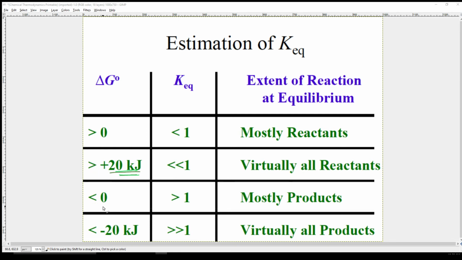If you have a delta G that's less than 0, then it's mostly products. But once it gets less than negative 20 kilojoules, then it's virtually entirely products. What I would suggest doing is figuring out how to reason your way to this and this, so that all you have to memorize are the numbers positive and negative 20.